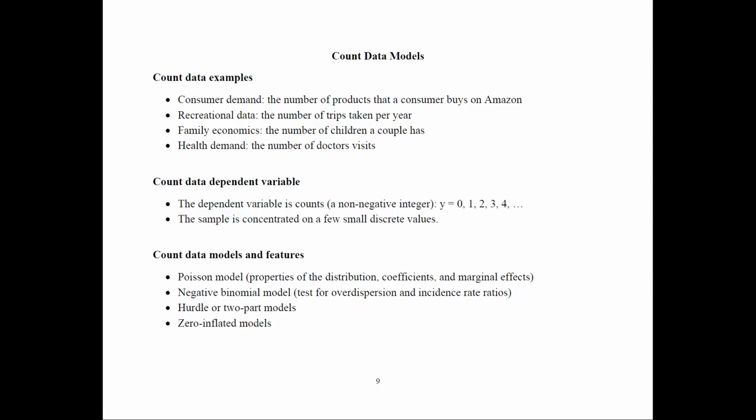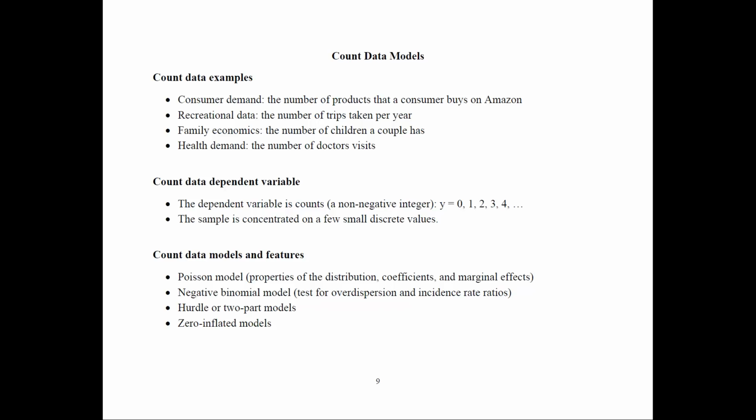Next are count data models, and here are a few examples when we have consumer demand, such as the number of products that a consumer buys on Amazon. It could be recreational data, which is the number of trips taken per year. From family economics, you can have the number of children a couple has, or the demand for health, which is the number of doctor's visits.